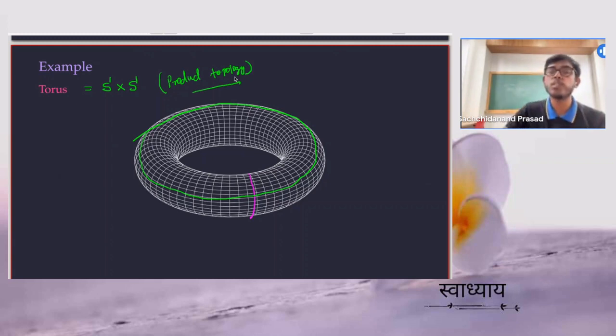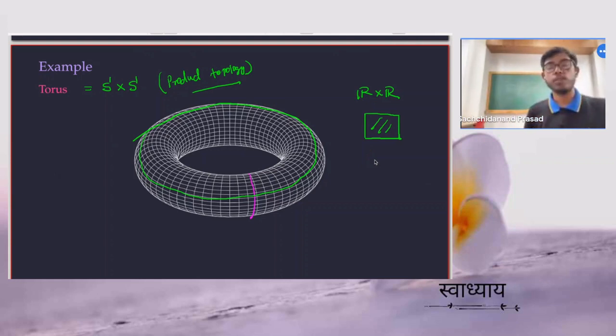If you don't know product topology, just assume that we are taking two open sets and multiplying them. For example, if you have R cross R, how does the topology look? It's like this cross this, so we have these kinds of open sets. Okay, the same picture is here.